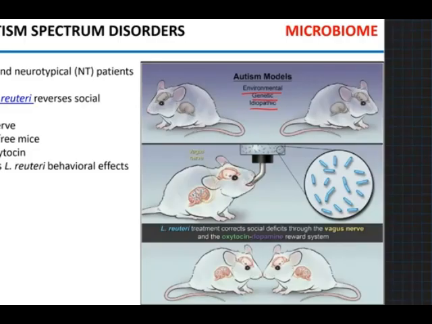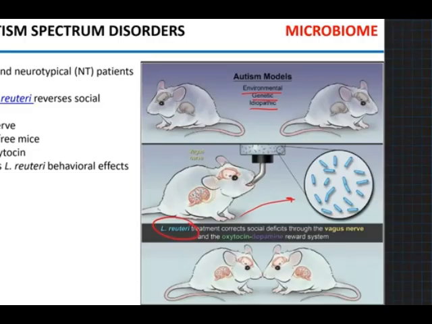So they added Lactobacillus reuteri to their water. And that treatment, it's Lactobacillus, it's a probiotic. That treatment alleviated the autistic behavior in different mouse models, which is cool. But they really wanted to know how bacteria in the gut can communicate with the brain.